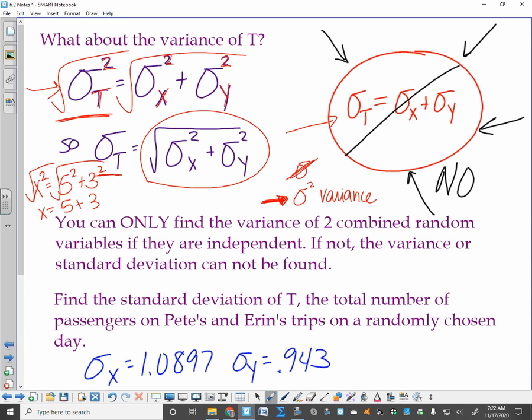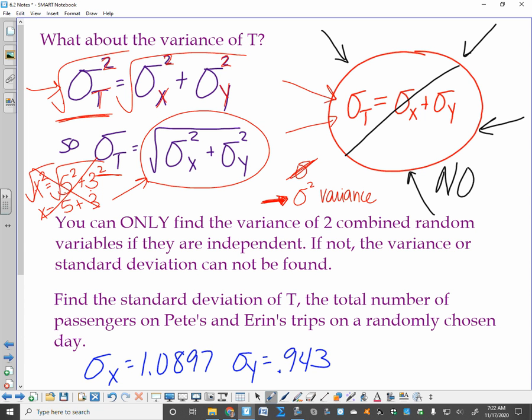That's not how that works. You'd have to square the 5, square the 3, add them together, and then root it. And so that's why it is the square root of sigma squared x plus sigma squared y. We're going to practice this, but just know that you cannot compare the sigmas. It has to be based on the variances. There are some great multiple choice questions about that.